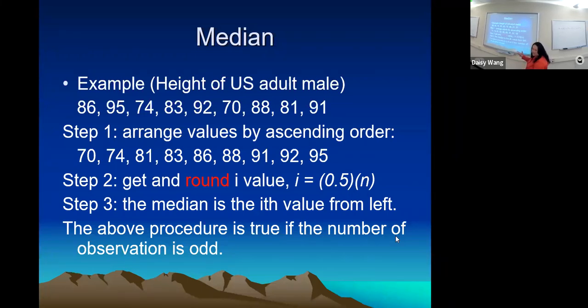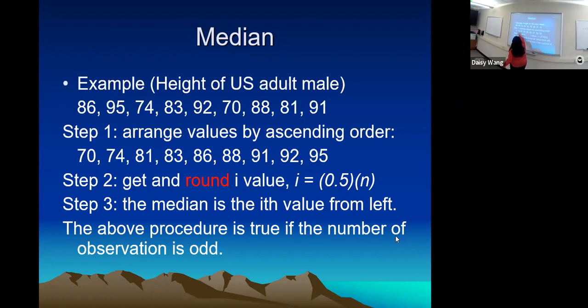And we round 4.5 to 5. So that's 1, 2, 3, 4, 5. This one is the median. If you see here, below this number we have 4 numbers, and above we have 4. So this is the median.